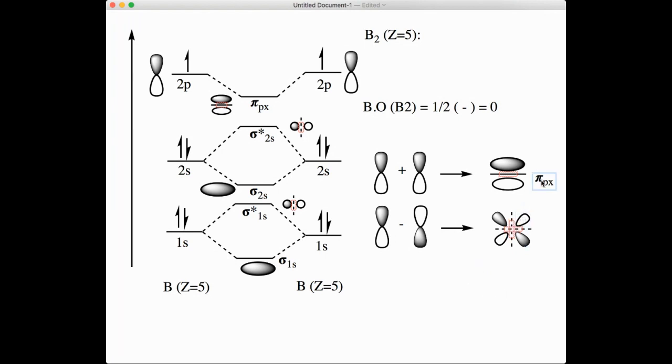Okay, and that would be the pi antibonding molecular orbital.